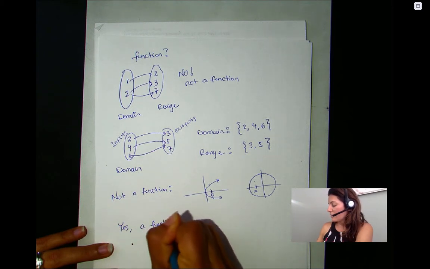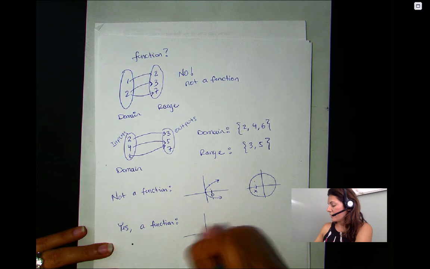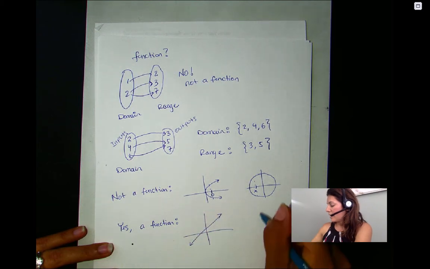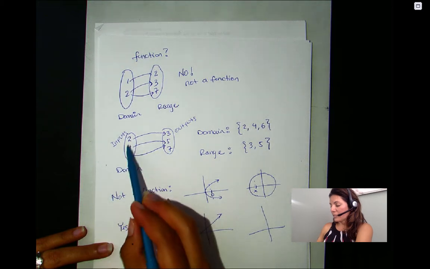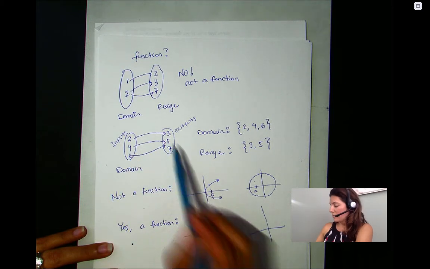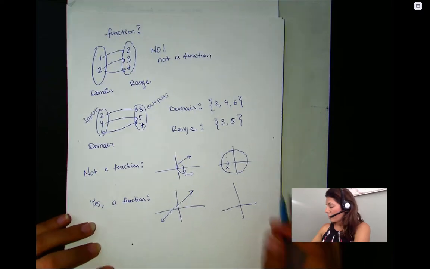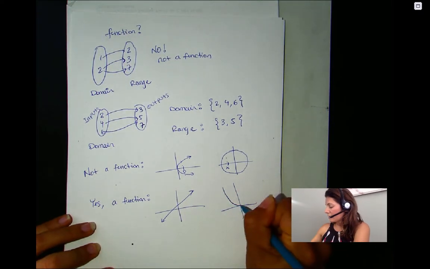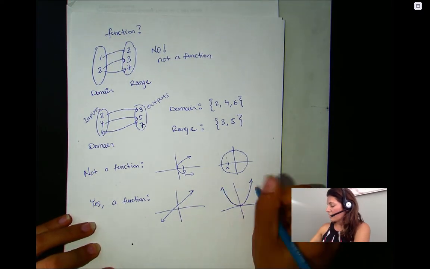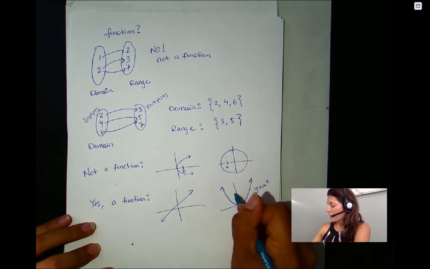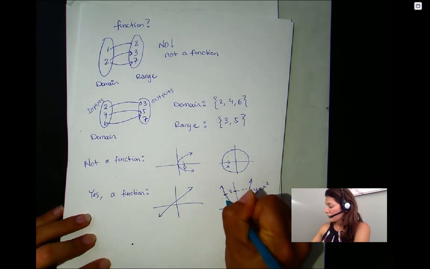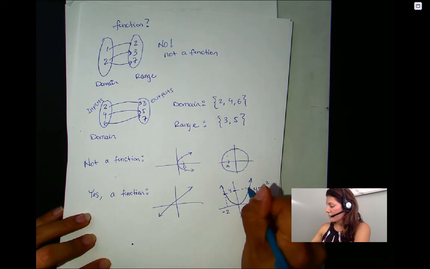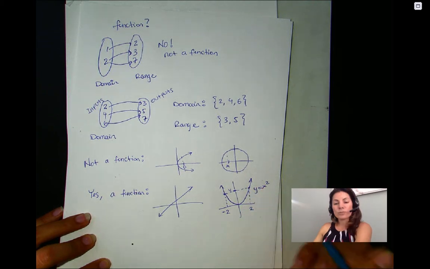Things that will be a function will be things like lines. The case that's happening here, where different domain values go to the same output, will be like our y equals x squared. If you look at, for example, 4, that's a range value, and 4 comes from -2, but it also comes from 2.